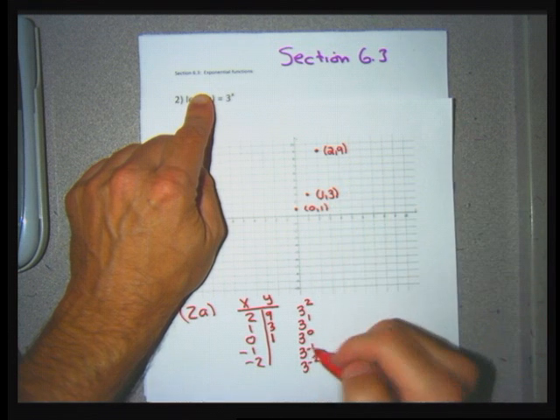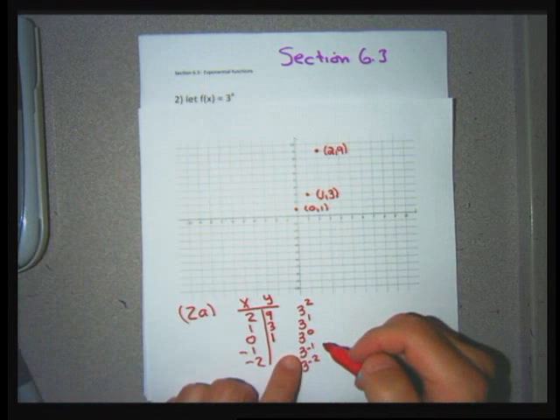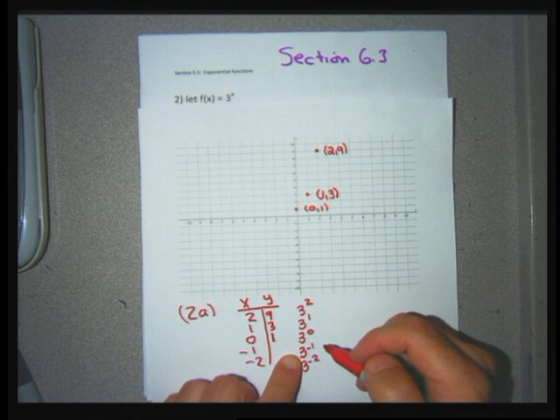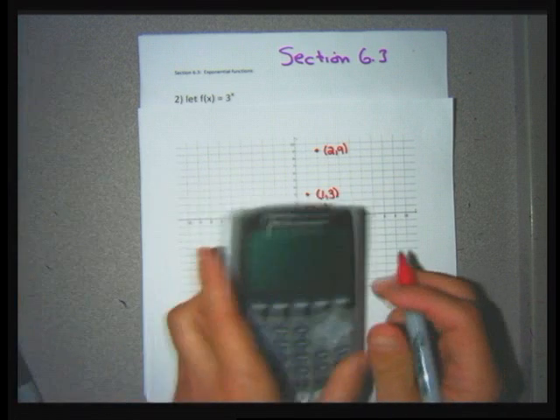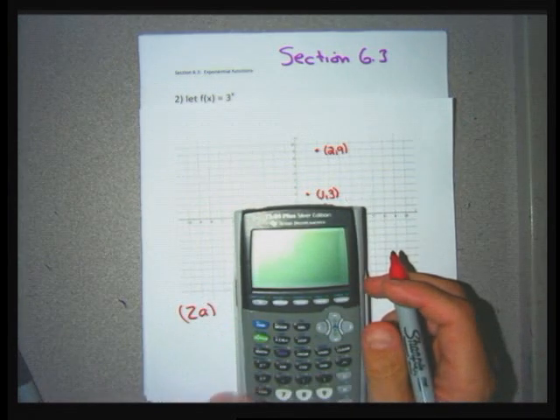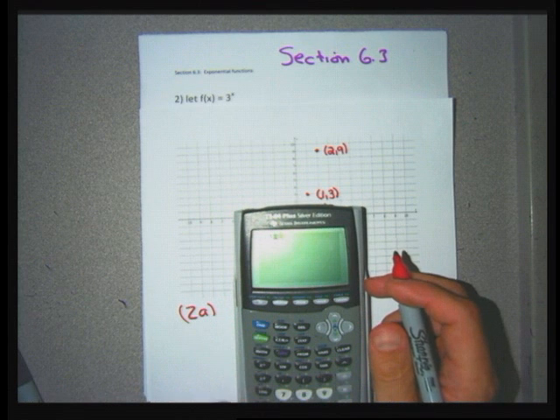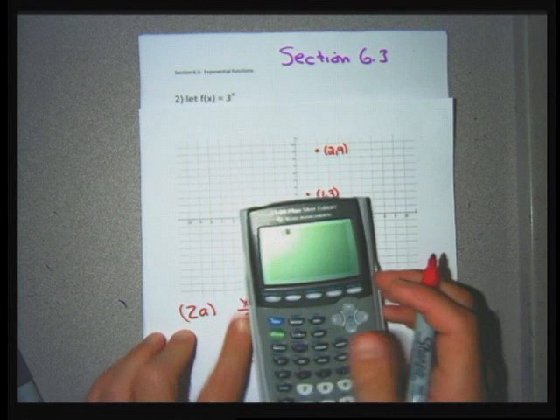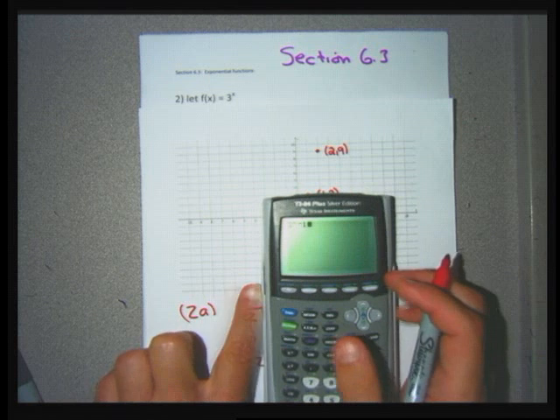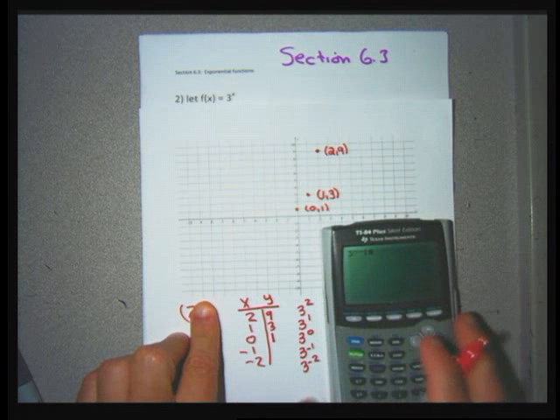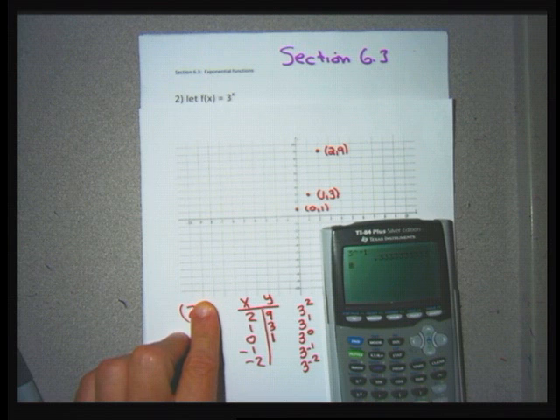The fourth point's the tricky one. You might be tempted to write -3, but 3 to the -1 power is not -3. If I did this on my calculator and did 3 up arrow -1, my calculator's likely going to give me a decimal, which I can change to a fraction. Not that you can really see that, but my calculator gives me 0.33333, which is 1/3.